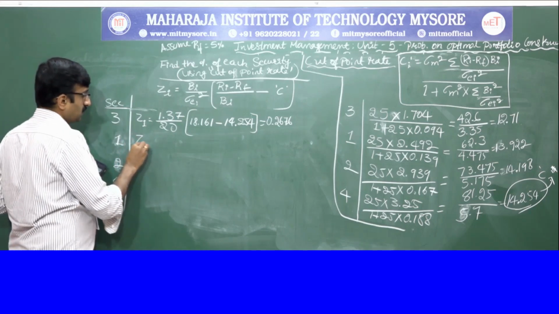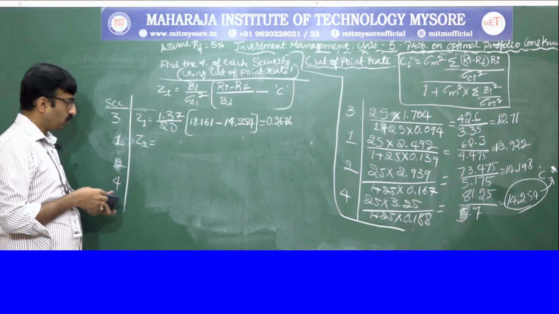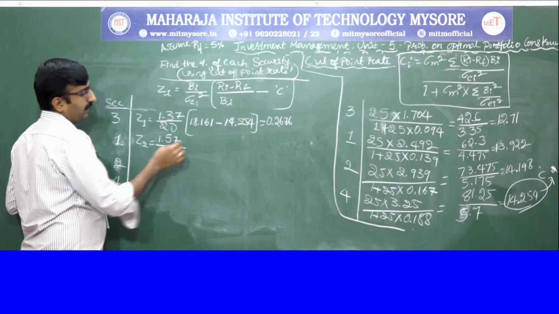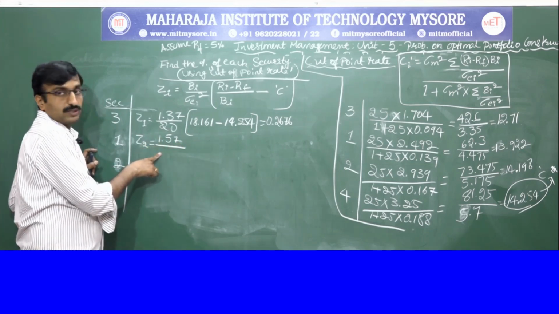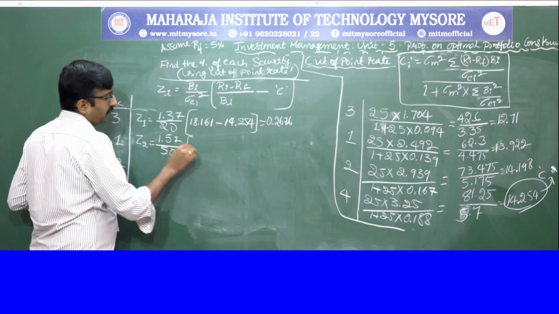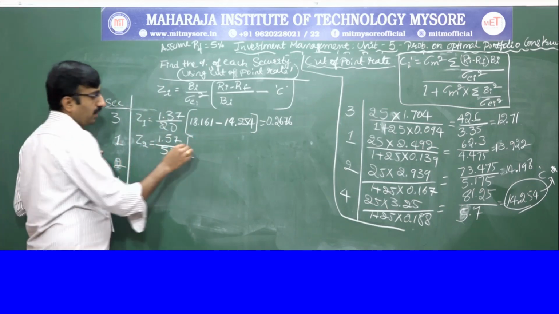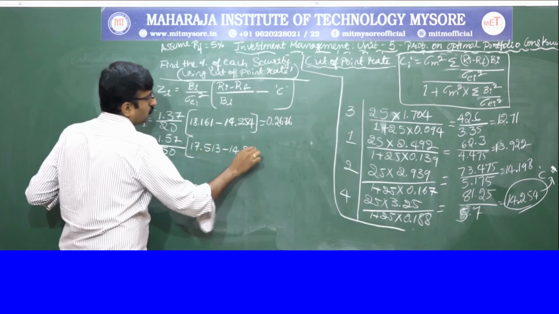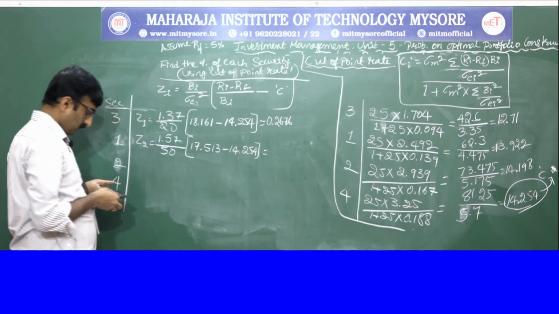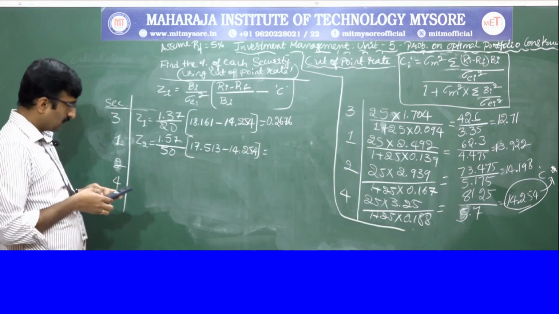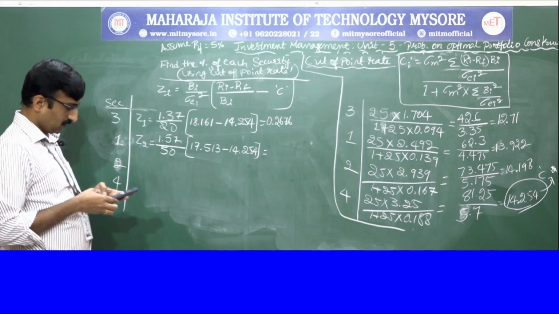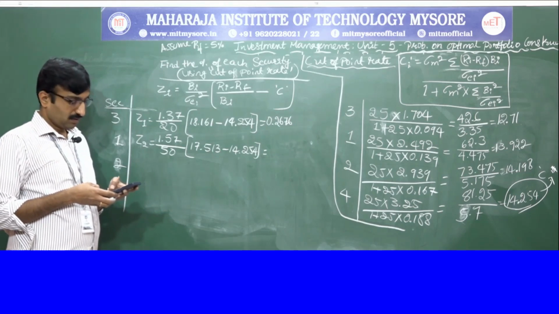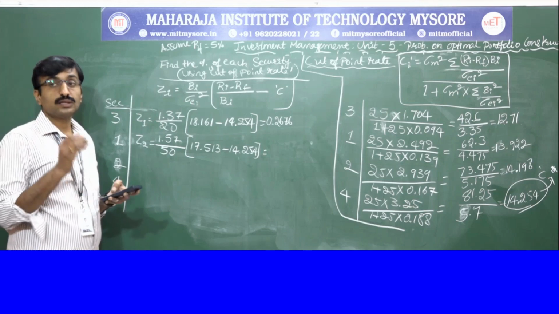That is Z2, percentage of the security Z2 is equal to individual beta, it is 1.57 divided by standard deviation ei square. How much we have? We have 50 into Ri minus Rf divided by Bi, how much we have? 17.513 minus 14.254. So if you do that, you will get 0.0978.